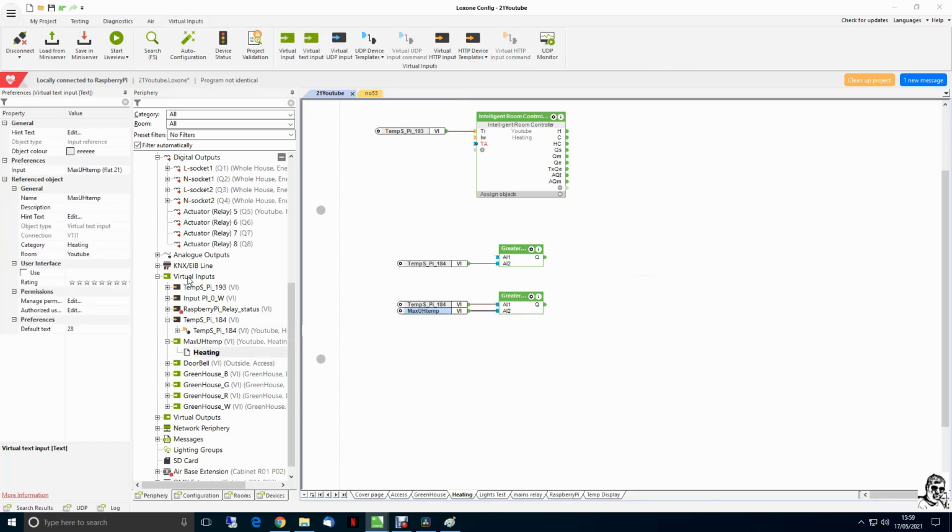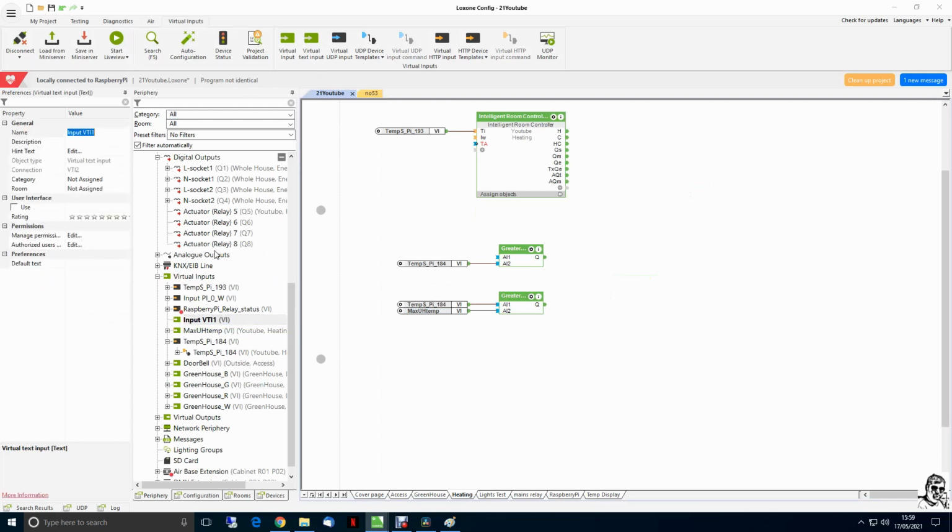Okay, the second one, minimum underfloor heating temp, and this will be 27.5.